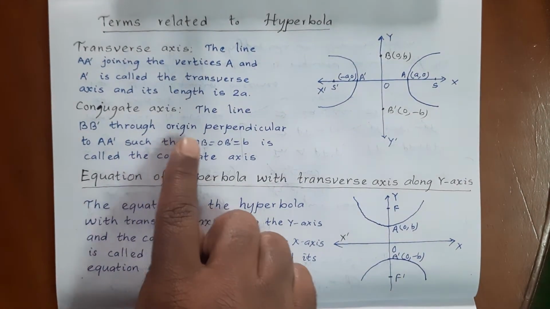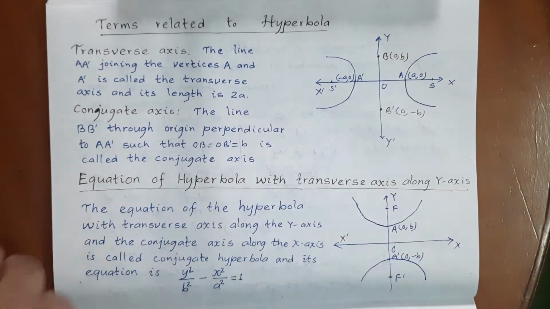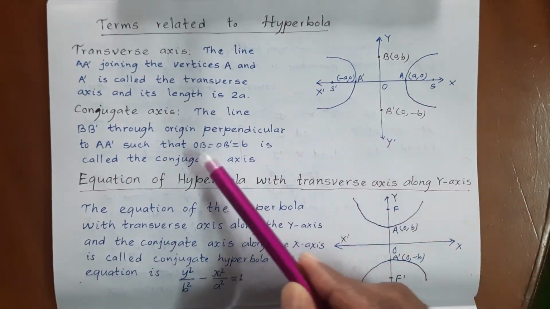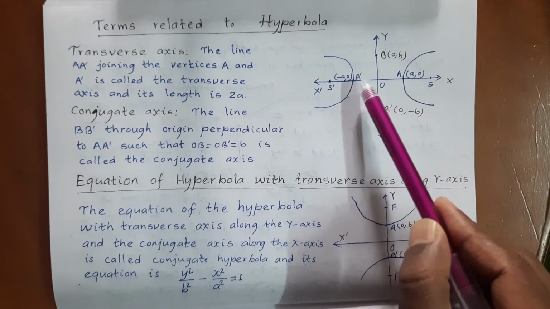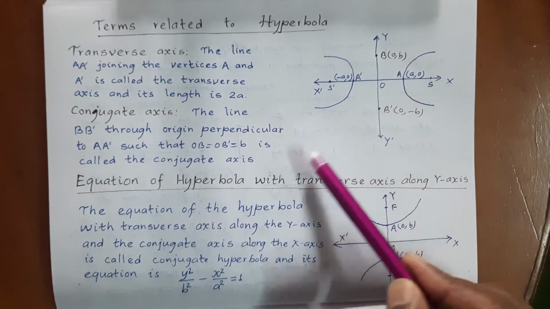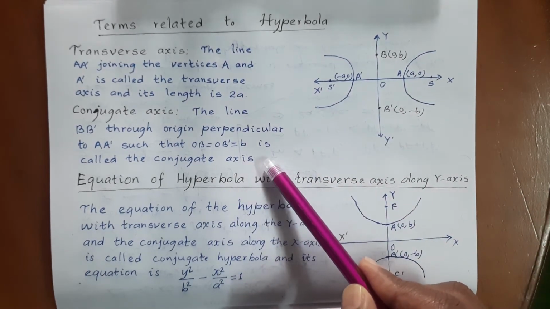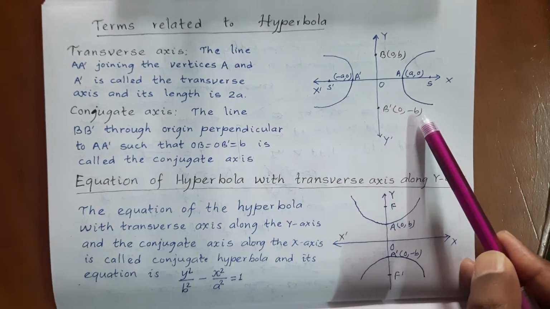Now the conjugate axis: the line BB' through the origin O, perpendicular to AA', such that OB equals OB' equals b, is called the conjugate axis. So the B coordinate is (0, b), and B' coordinate is (0, -b).